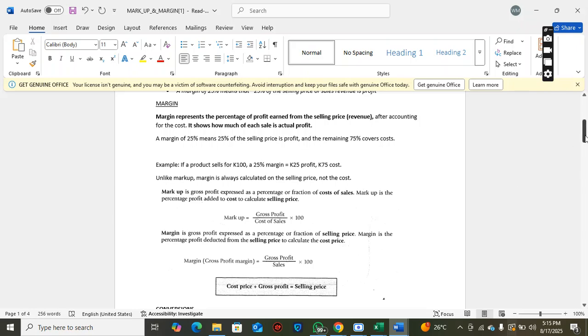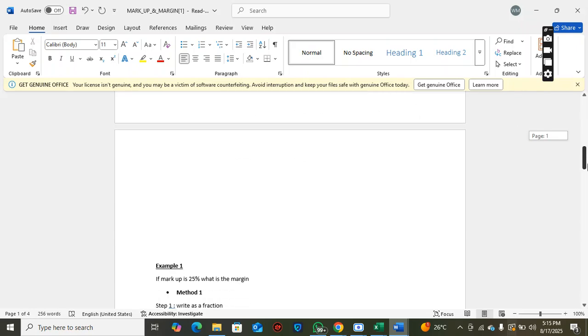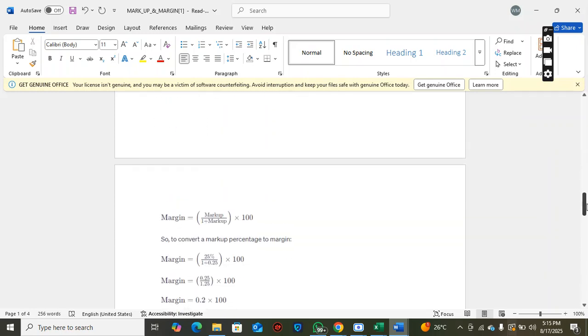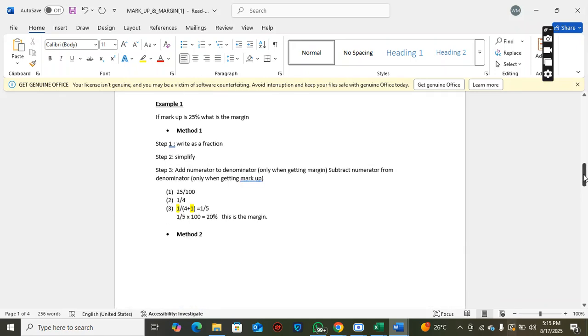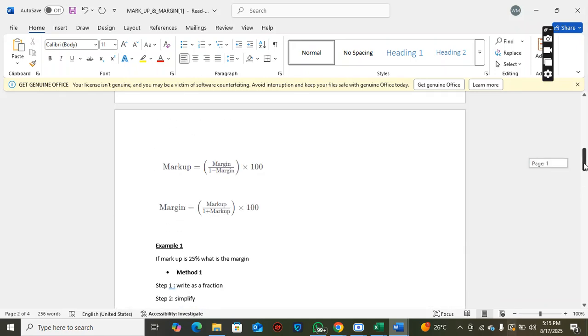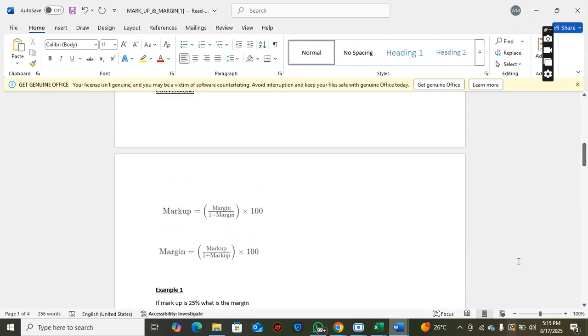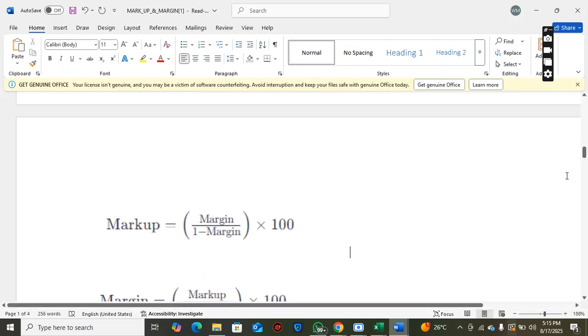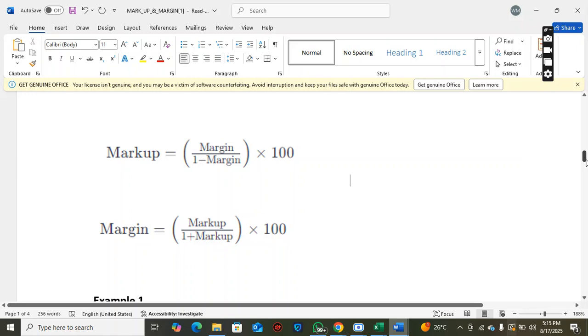Okay. And then I would like you to take note of these formulae here for converting. Please get these formulae down.